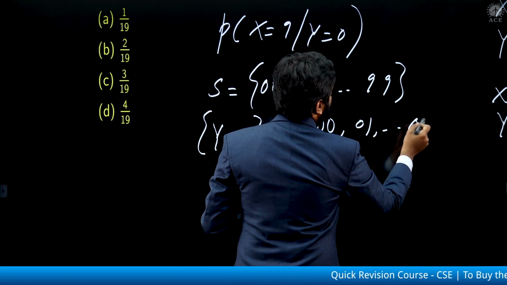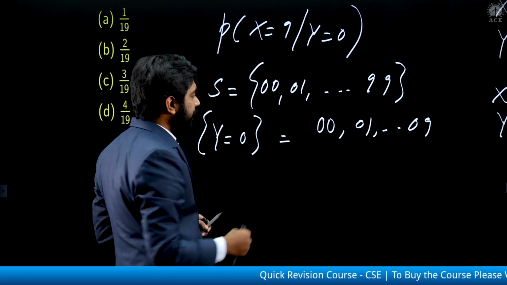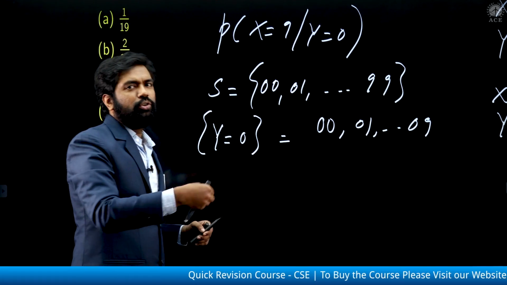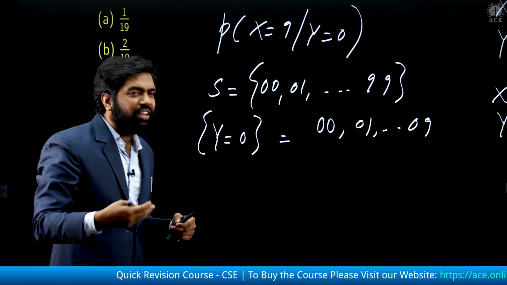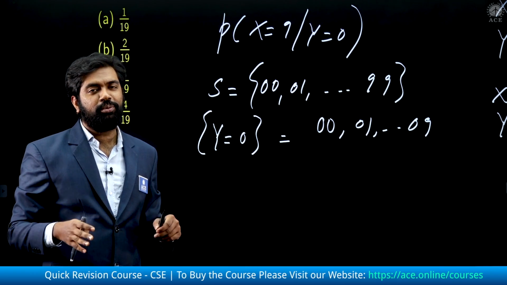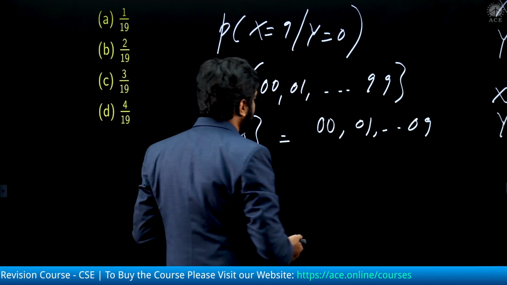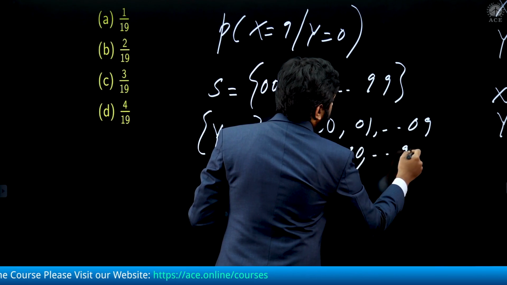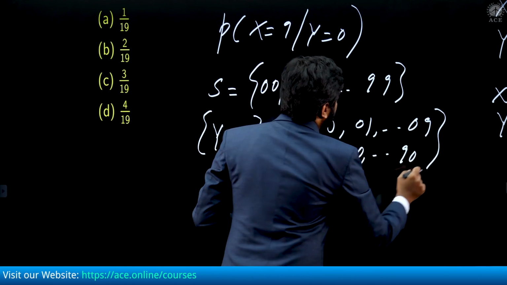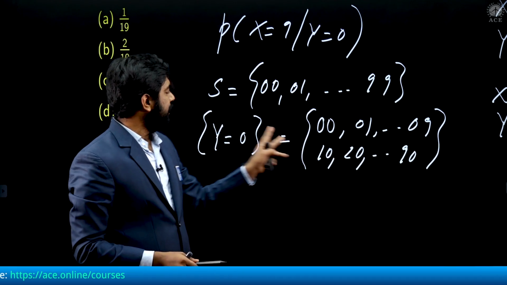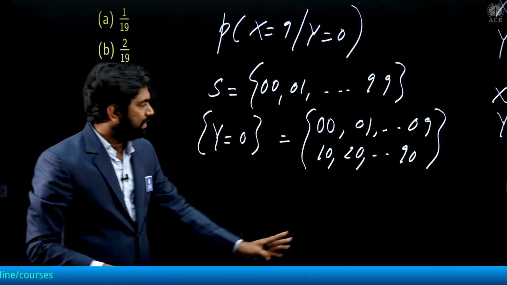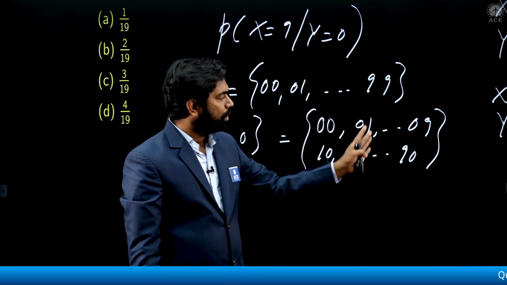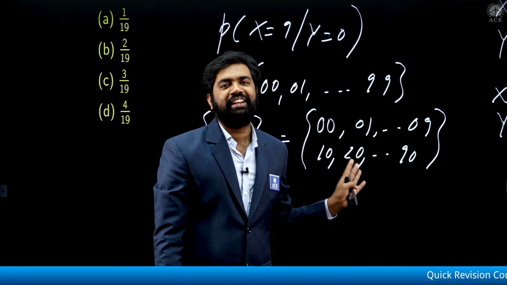So on, up to 09. So far, I have written 10 tickets. Do you have any other tickets where the product is 0? We have a few more tickets. Let me show them: 10, 20, so on, up to 90. Now, if you count the number of points in this set where Y is 0, it is 19.